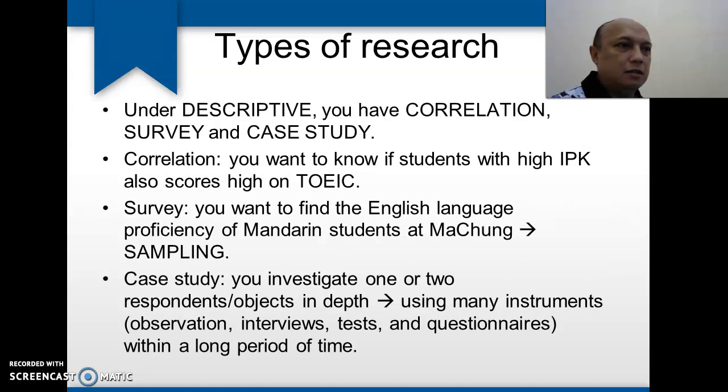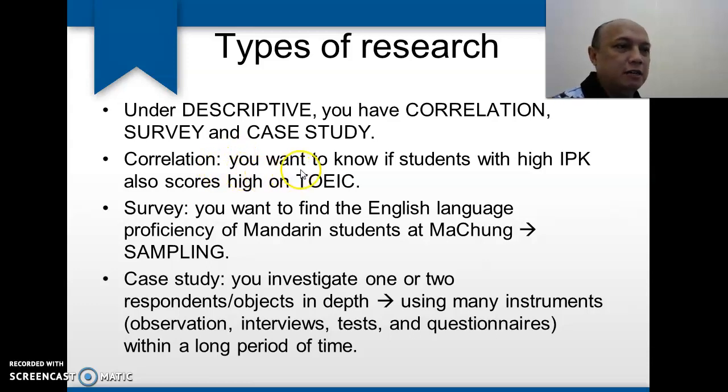Okay. Now under descriptive, you have what is called correlation, what is called survey, and also case study. We are going to study this further, but here I would like to give the essence of a correlation.